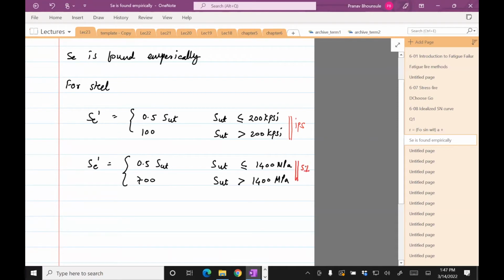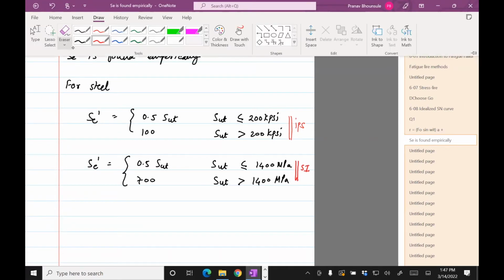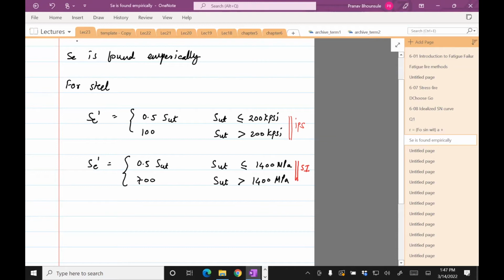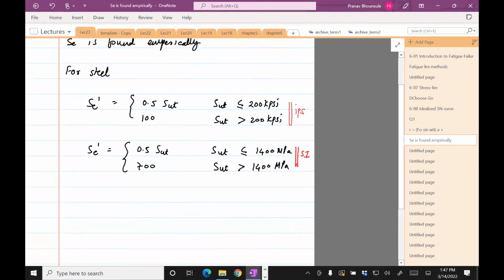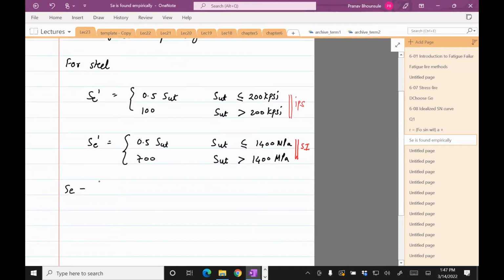So this is the difference. SE is for the actual machine element, and SE prime is for the test specimen.